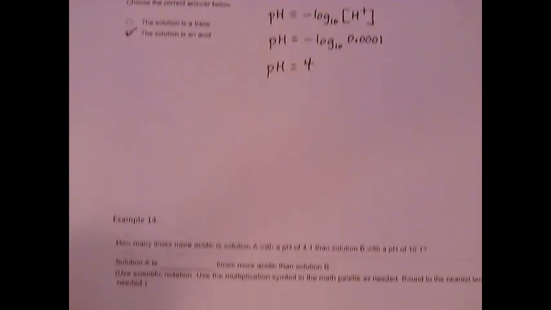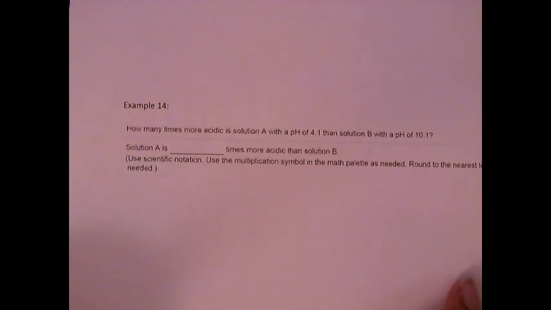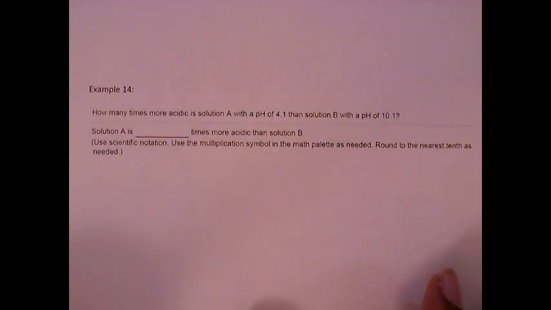Okay, and finally, how many times more acidic is solution A with a pH of 4.1 than solution B with a pH of 10.1? Solution A has a pH of 4.1.